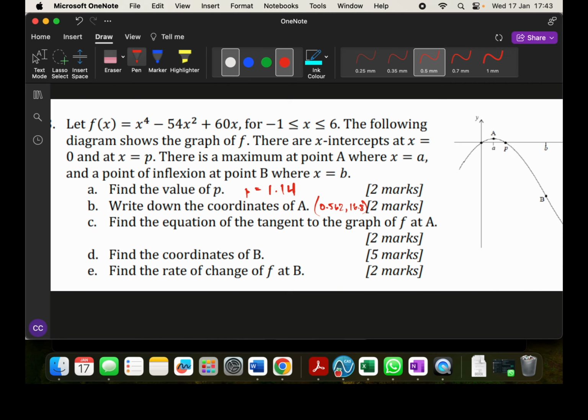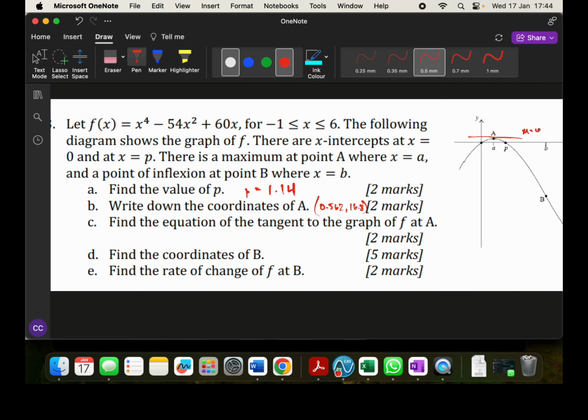Now we need to find the equation of the tangent of the graph at A. Okay. Now, for this, we need to know what that horizontal line is. If A is a maximum point, what's the slope of that line that goes like that?